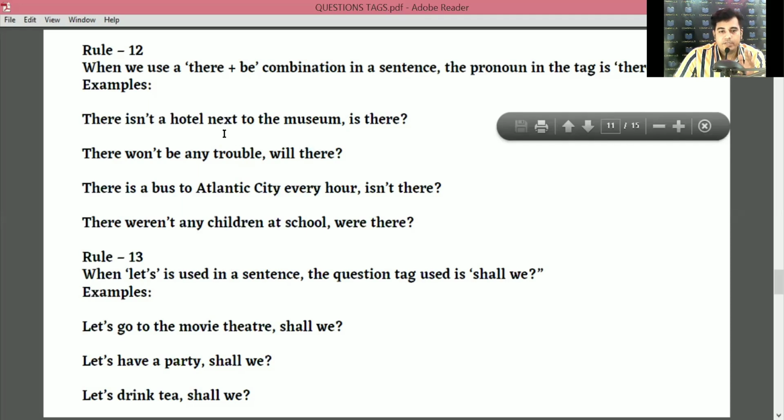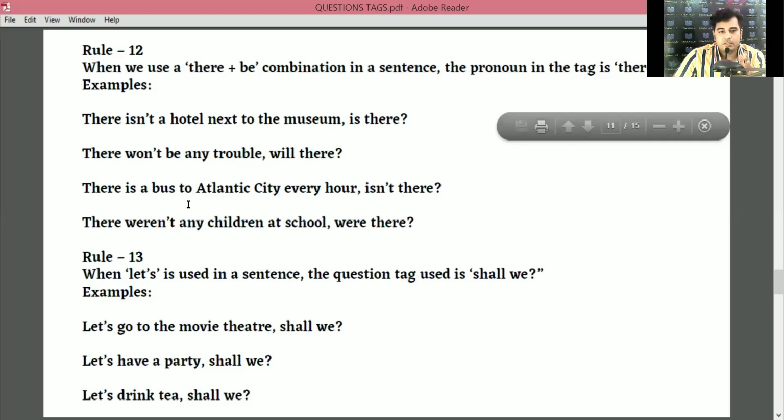There isn't a hotel next to the museum. Is there? There won't be any trouble. Will there? So we use only there. When we talk about any kind of problems or places, we only use the word there.